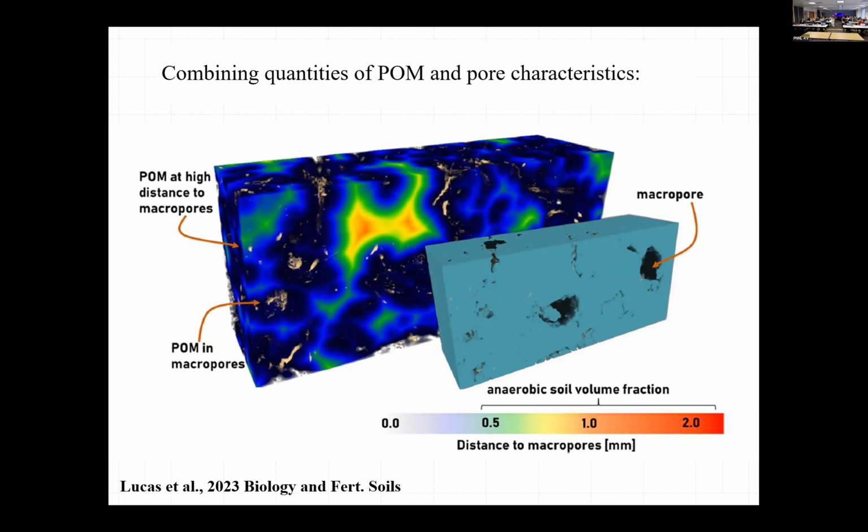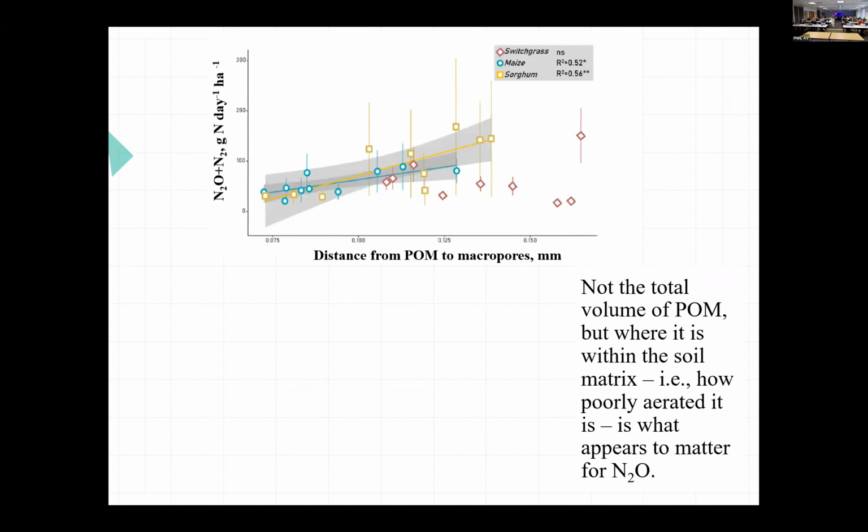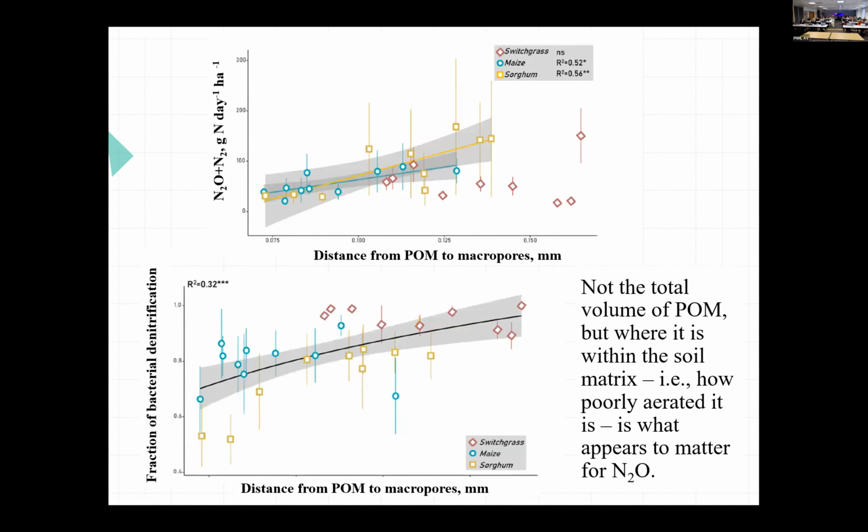So those fragments that were in anaerobic conditions were the best predictors we got as far as how much nitrous oxide and dinitrogen came out during the season from the field, and what was the fraction of bacterial denitrification there.